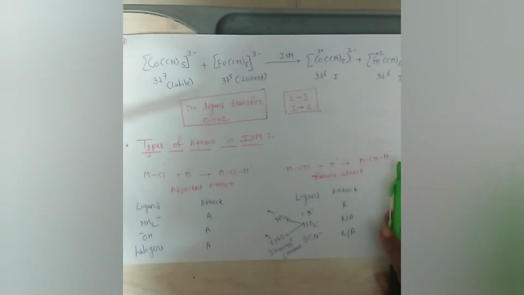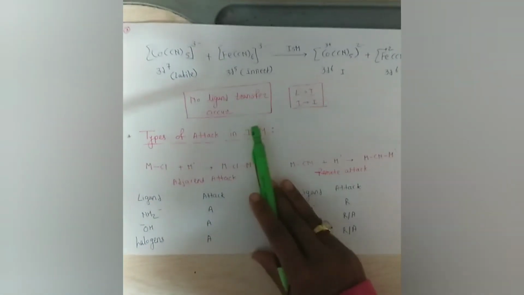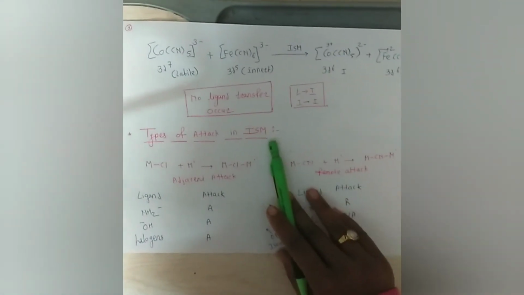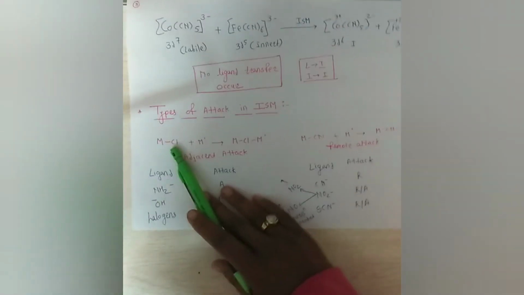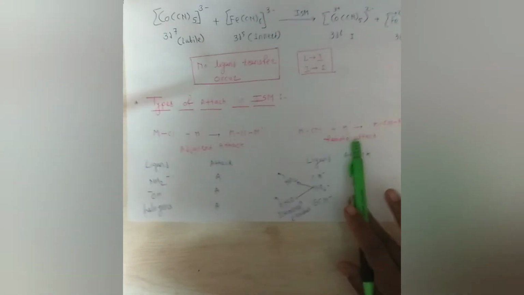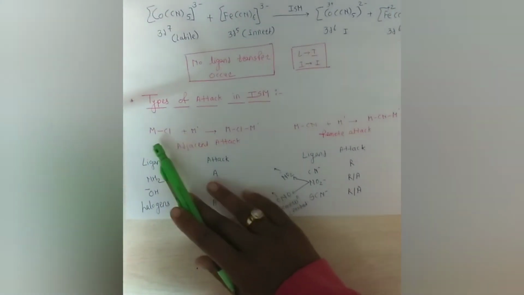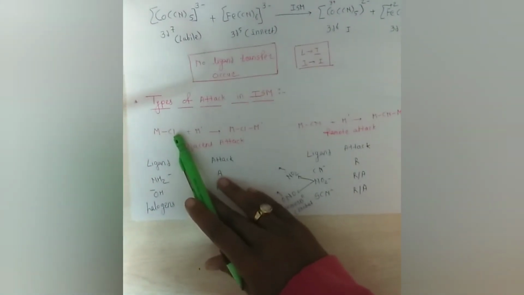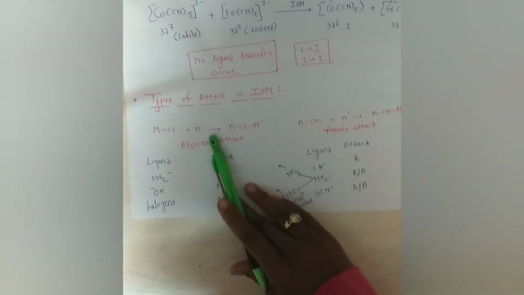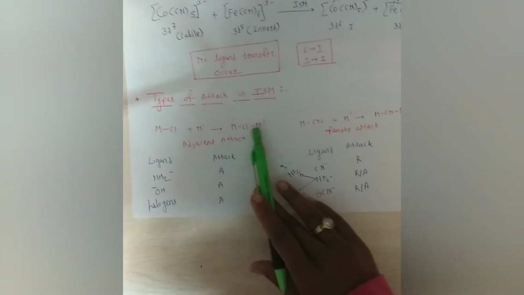So let us begin with how the attack of the ligand occurs in the inner sphere mechanism. Let us consider two reactions. First is adjacent attack and second is remote attack. In the first case we consider a general example, metal chloride bond reacting with M dash, that is another metal, and we get the metal chloride metal.